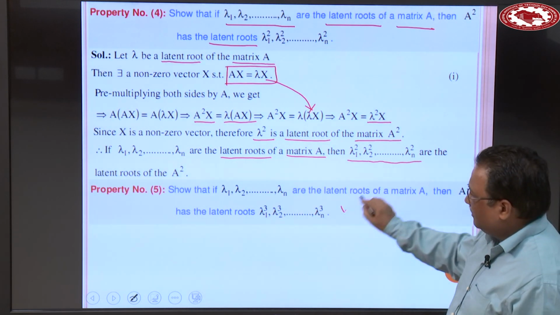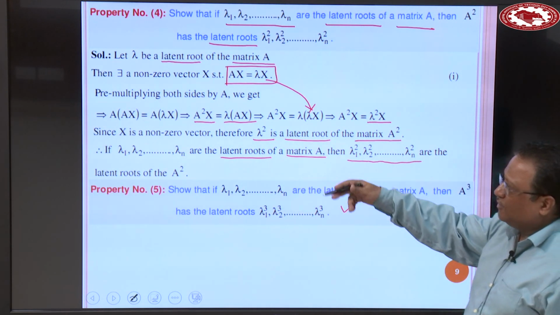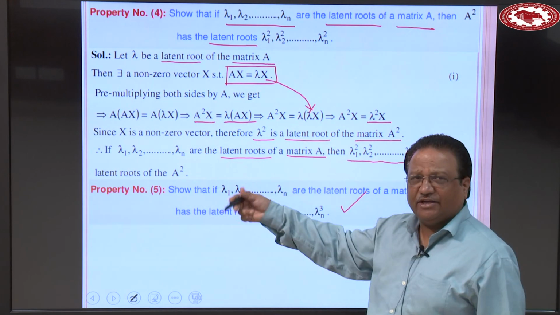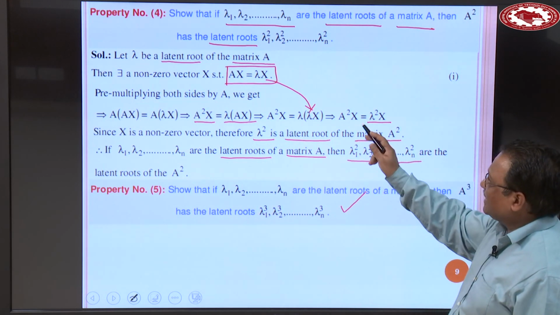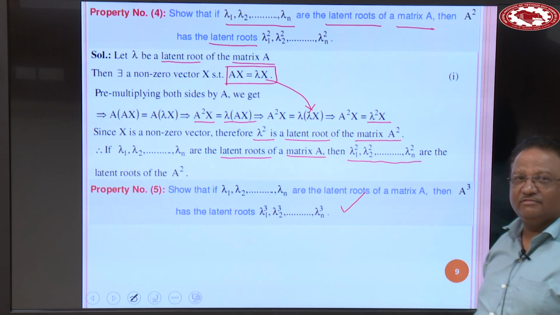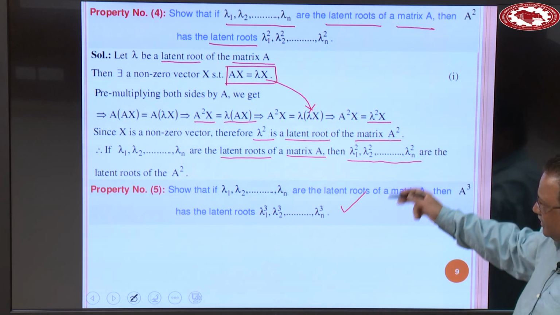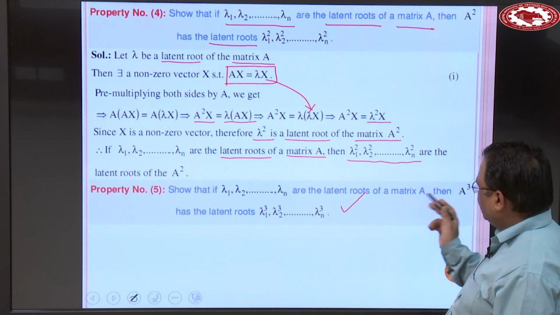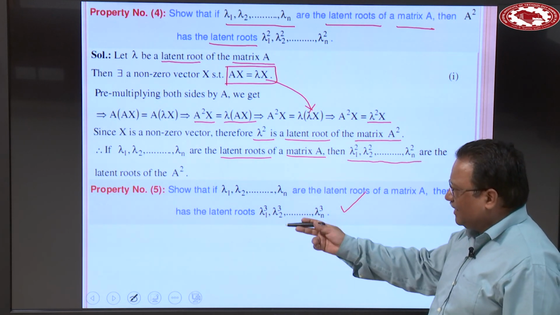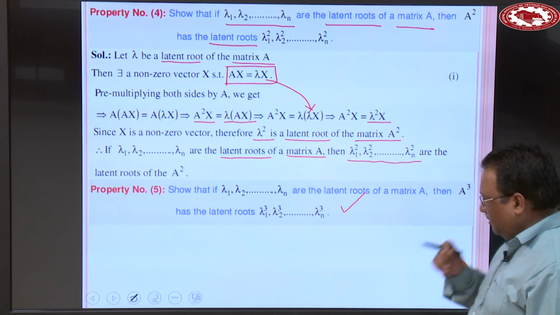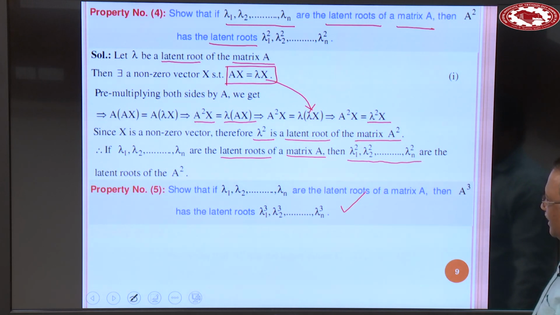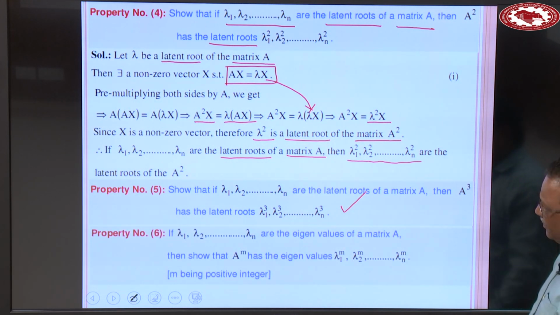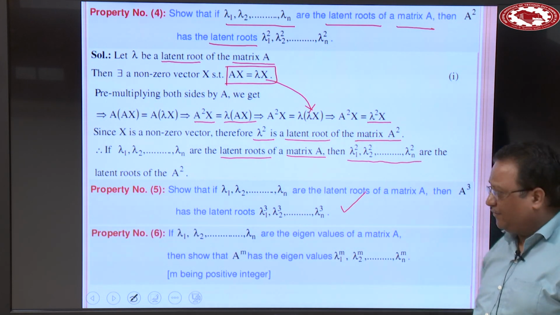This one is the fifth property. On the same line, pre-multiplying both sides by A again, you finally get A cube x is equal to lambda cube x. That result shows that A cube has the eigenvalues lambda 1 cube, lambda 2 cube and so on up to lambda n cube.